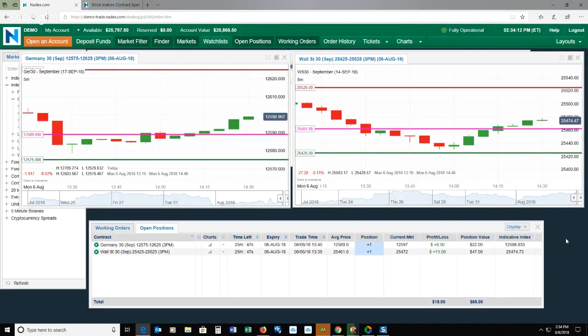It's usually $1 per increment size. So on the Dow, a full 1 point move is worth $1, whereas on the US Tech 100, it's 0.1 that's worth $1.